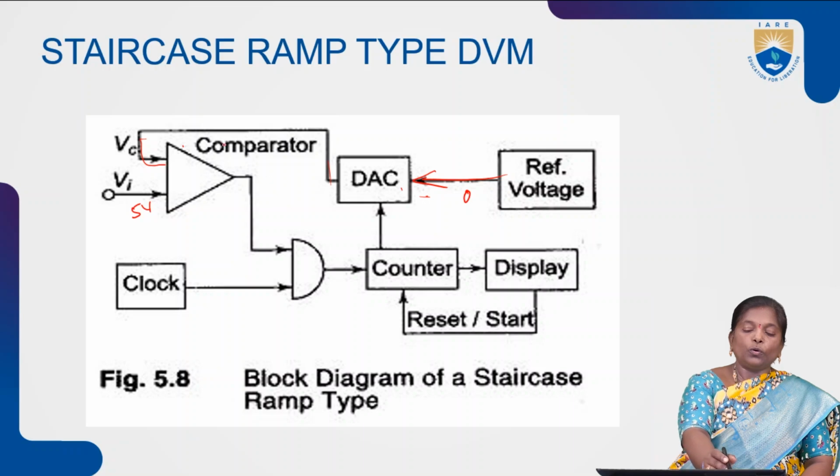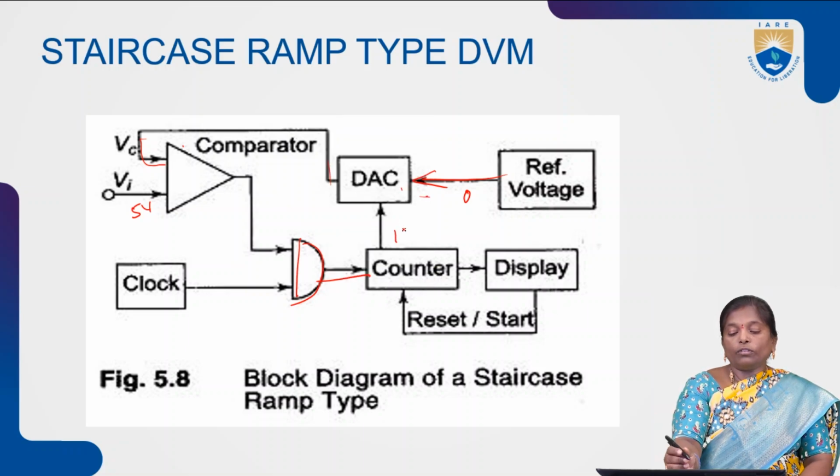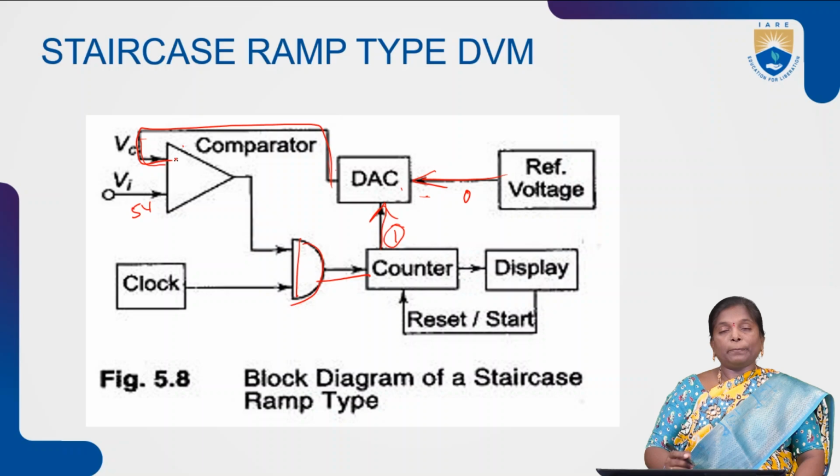Here the input voltage is not equal to the reference voltage. Then that information is given to the gate. Then the clock pulse will be sent by this gate and that is counted by the counter. Now the count value is equal to 1. We send this count information to the DAC. The DAC converts this digital data into analog data and gives it to the comparator.